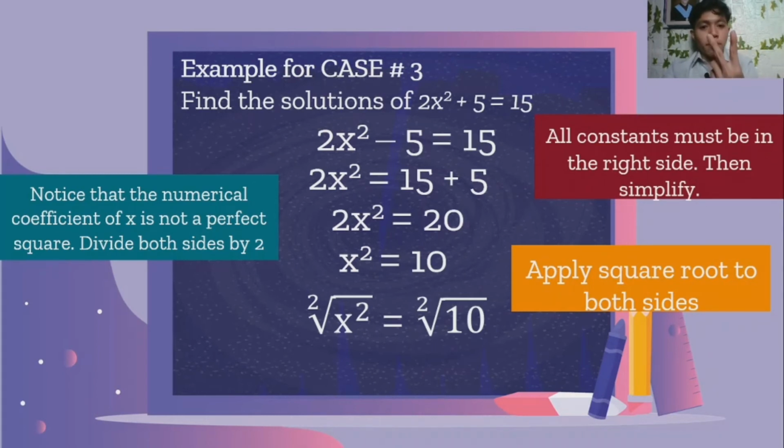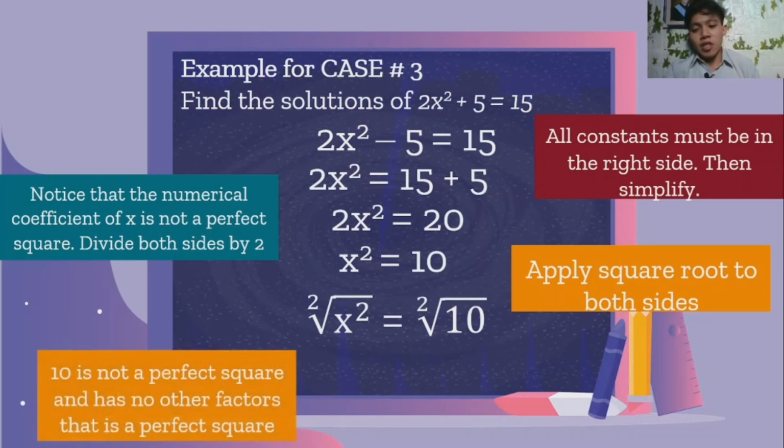May perfect square ba doon? Wala din. Okay? So, anong ginagawa kapag wala talaga tayong makancel? 10 is not a perfect square and has no other factors that is a perfect square. Therefore, yun na kagad yung sagot. Maglalagay ka na lang ng positive, negative. Okay? So, x is equal to positive, negative square root of 10. Okay? Baka may nagtatanong, bakit naging x yan?